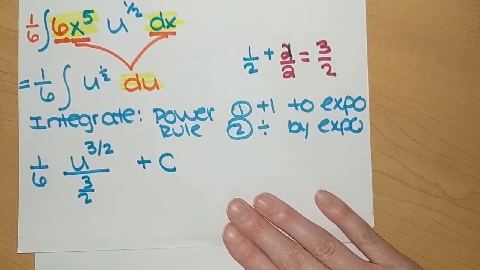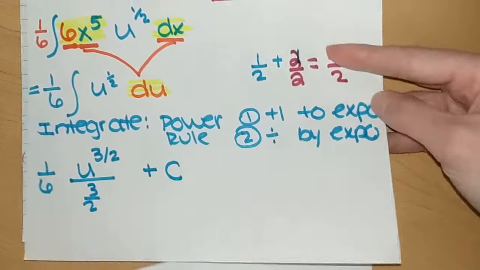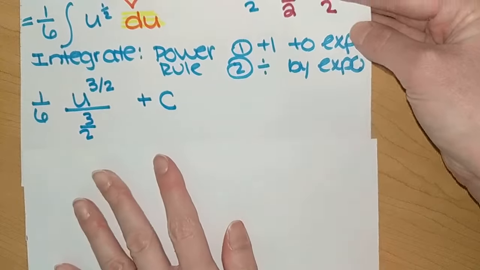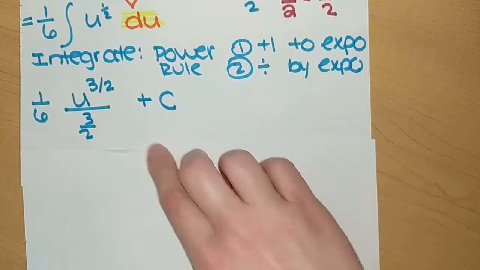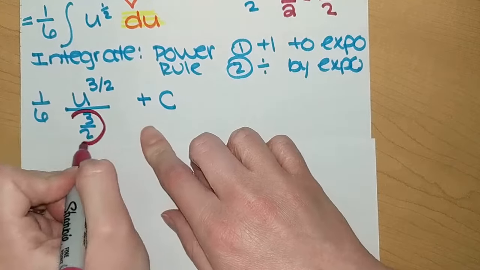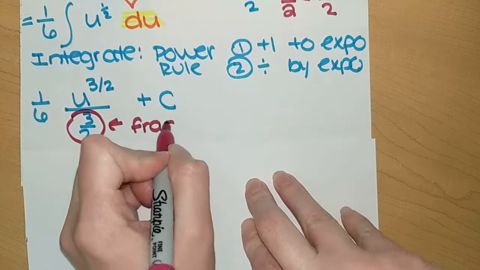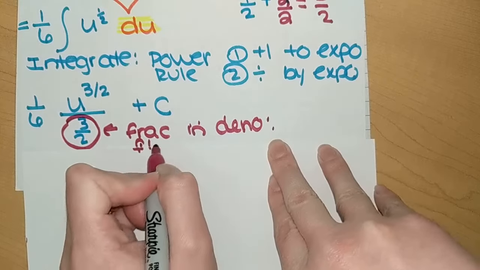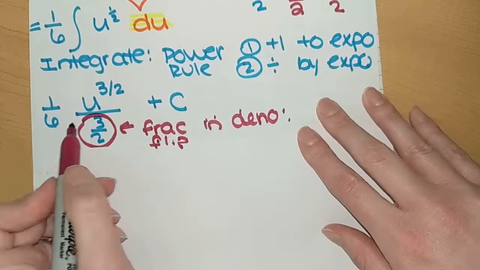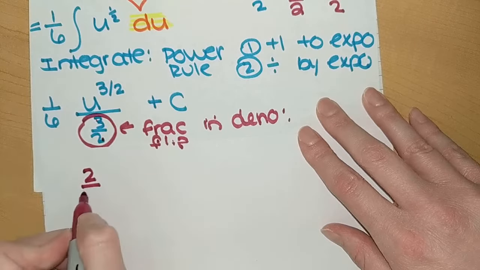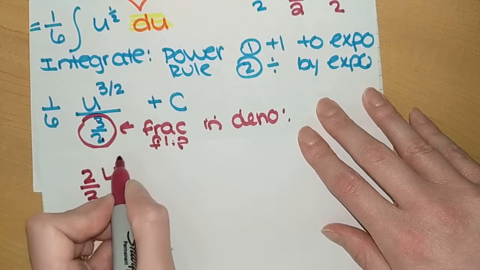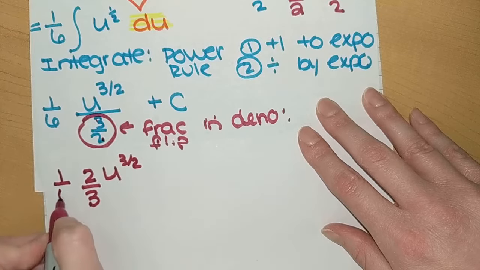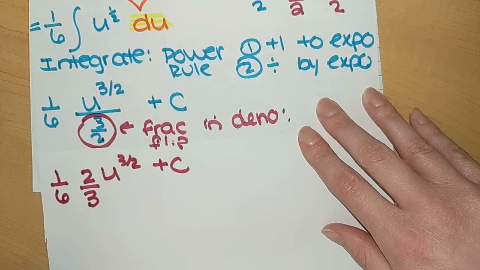Okay, now before you go to the next step of plugging back in the u, you do need to simplify this 3/2. We talked about this in class, but when you have a fraction in the denominator, you are going to flip that fraction. So the 3/2 is now going to become 2/3, u to the 3/2. You still have the 1/6, and you still have the plus c.